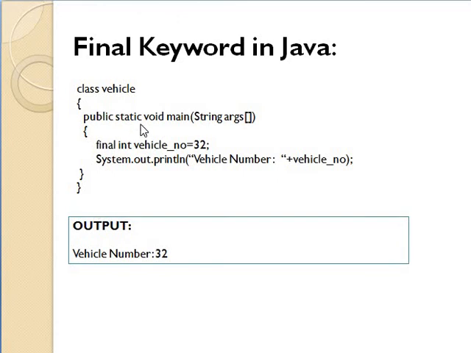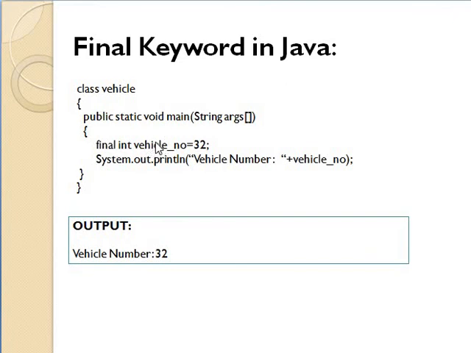Now just come inside the body of this main method. See the first Java statement. It declares a variable called vehicle no of data type int, so it can accept only integer values, and the integer value that was supplied to this variable called vehicle no is 32. And in addition to that, this variable called vehicle no has also been declared as final.